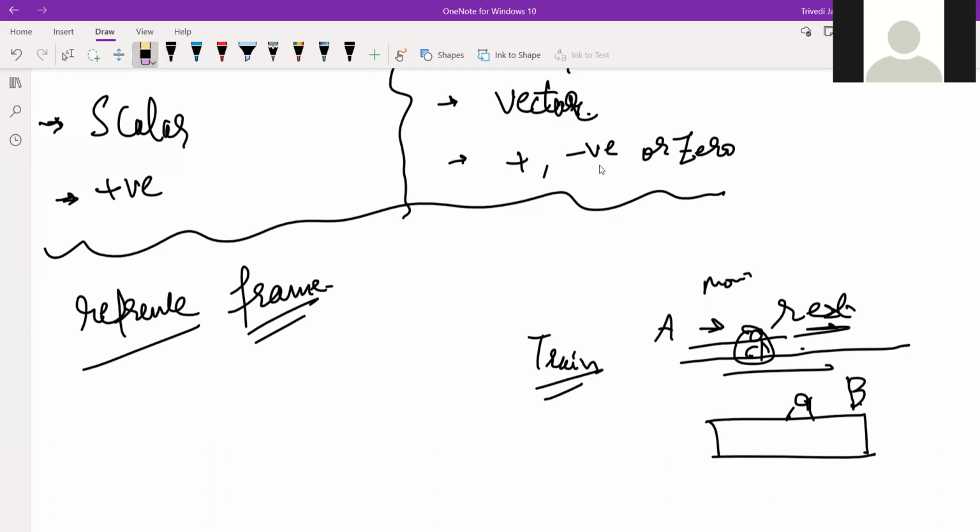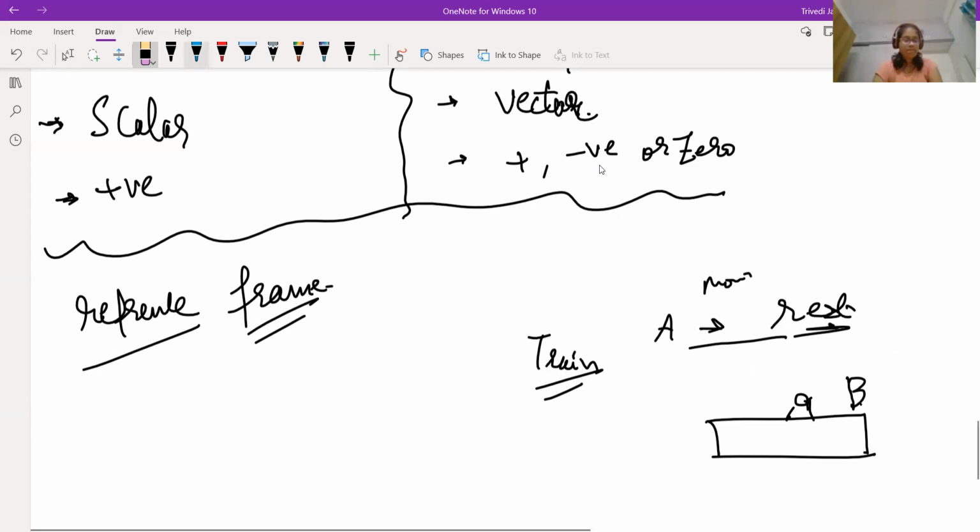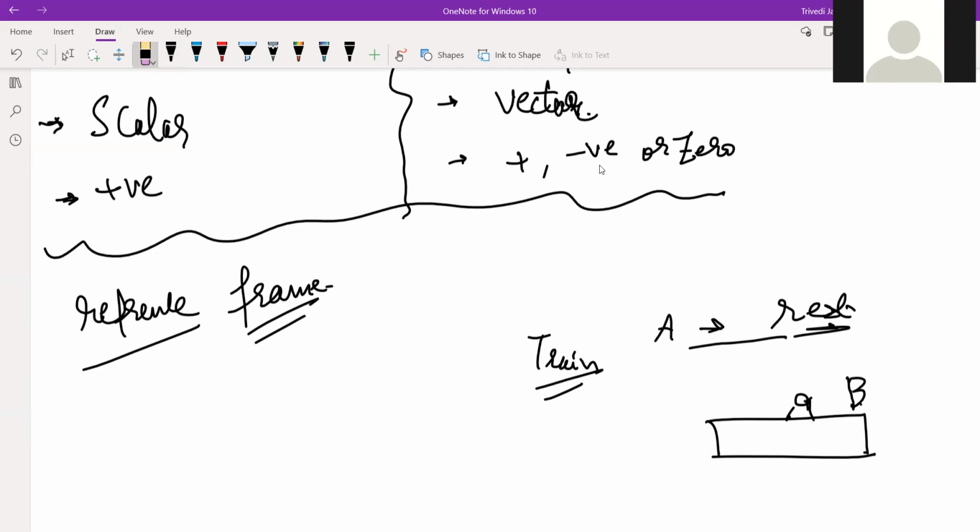Which direction? Is it moving in the opposite direction or the same direction?